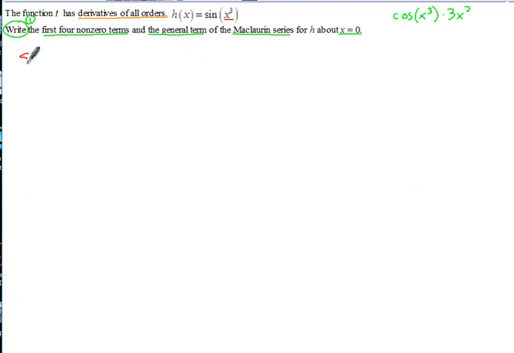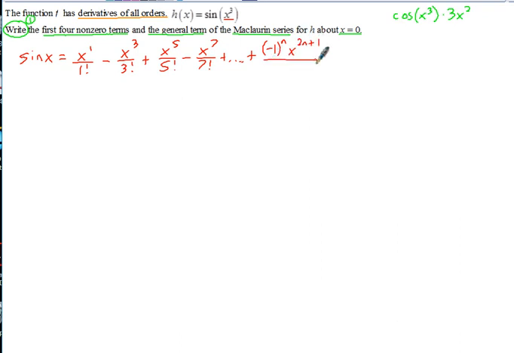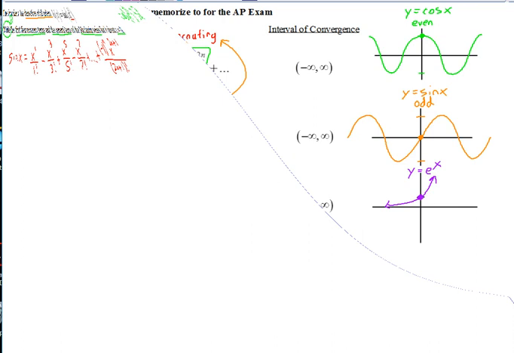Normally, sine x would be x to the first over 1 factorial, minus x to the third over 3 factorial, plus x to the fifth over 5 factorial, minus x to the seventh over 7 factorial, plus, and the general term would be alternating, negative 1 to the n, x to the 2n plus 1 over 2n plus 1 factorial. That's for sine x.